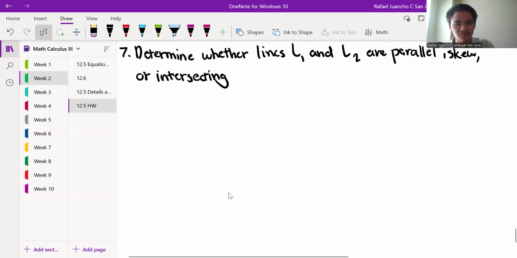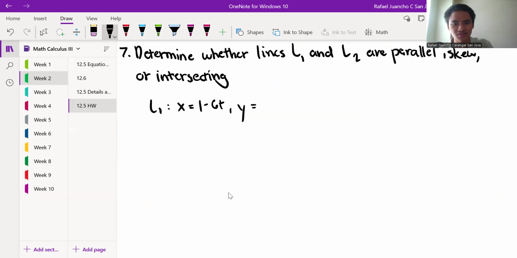So another one of these. We have L1, which has x is 1 minus 6t. y is 4 plus 12t. And z, if I'm not messing anything up, 3 minus 3t. 1 minus 6t, 4 plus 12t, 3 minus 3t, okay.